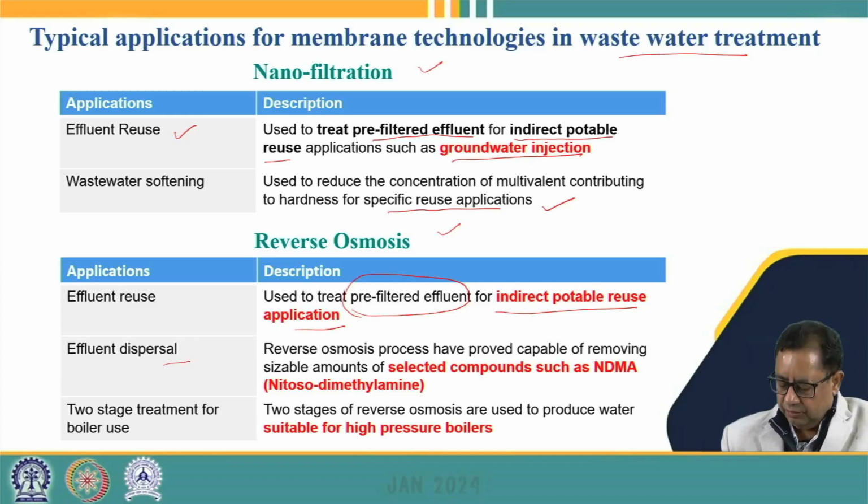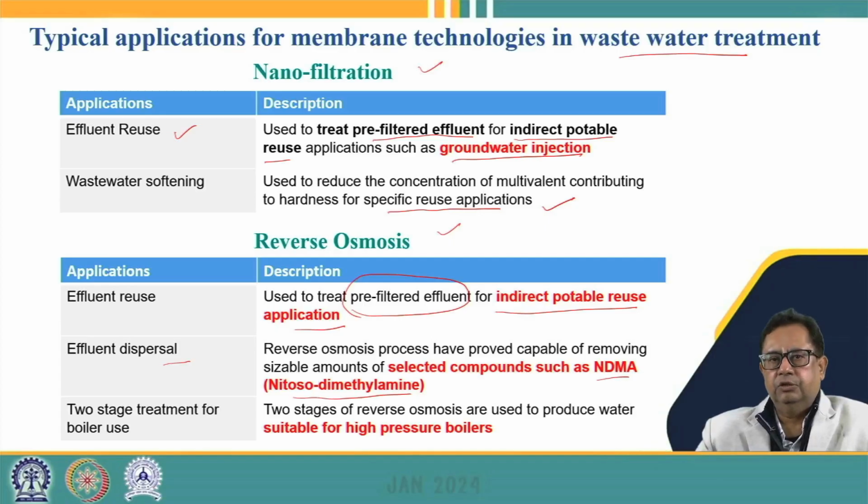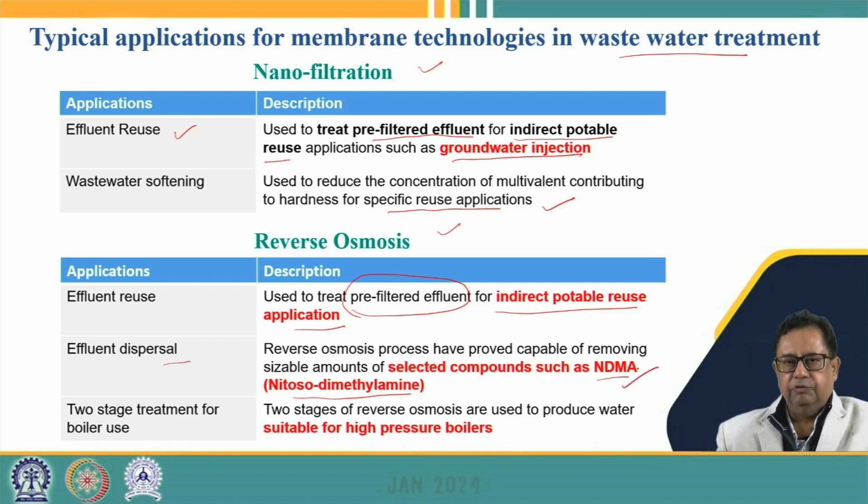For example, let's say we have NDMA, or nitrosodimethylamine, in the wastewater, or certain compounds which we want to remove, which otherwise can cause harm to the environment where we are disposing the water. If we want to remove certain priority pollutants which have not been removed earlier by the conventional process, in that case also we can use our process, so that we can target a certain compound and remove it from our systems.